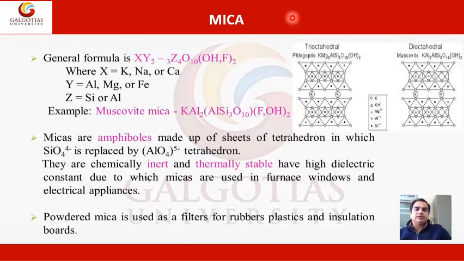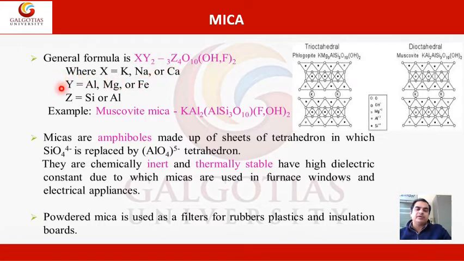Now let us take the first category of aluminosilicates, that is mica. As we know, the general formula for mica is XY2-3Z4O10(OH,F)2, where X can be K, that is potassium, Na, that is sodium, or Ca, that is calcium.